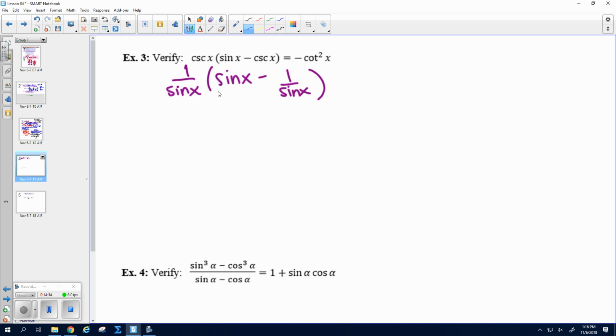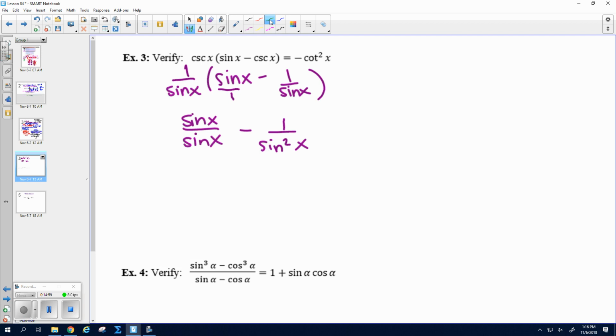So when we multiply these, this is over 1. So I'm multiplying 1 times sine and sine times 1. So I get a sine x over a sine x. Okay. And then I'm distributing top to top. That's 1 times 1, which is 1. And in the bottom, sine x times sine x, which is sine squared x.